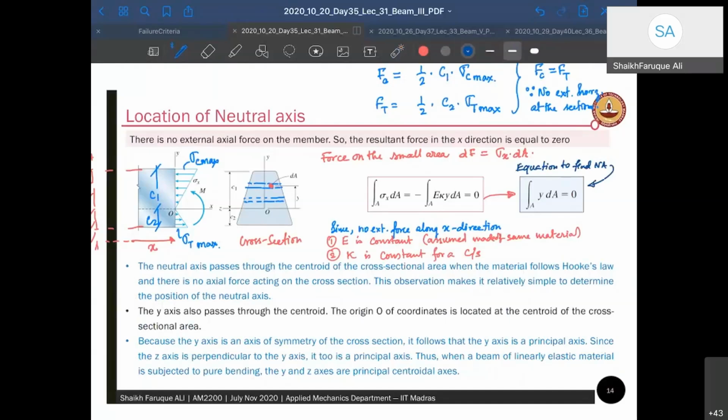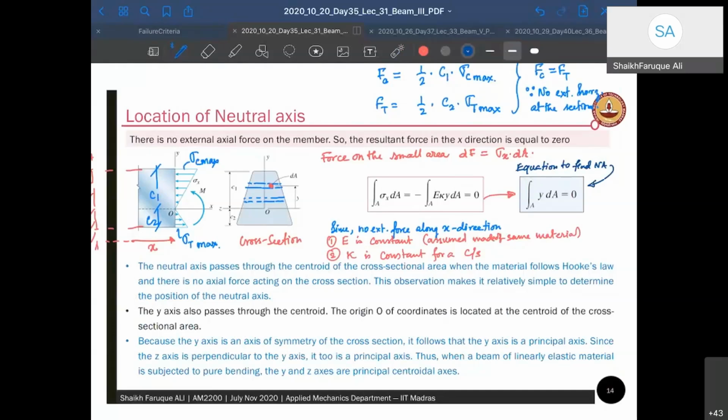Before you ask any question, let me ask you a question here. I have given two assumptions here. These assumptions are over and above all the assumptions that we made before: plane sections remain plane, normals remain normal, straight lines remain straight lines, and homogeneous, isotropic material, all within the elastic limit. For this formula that I've derived, I have two more.